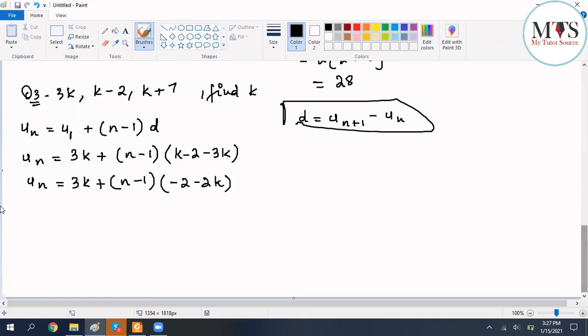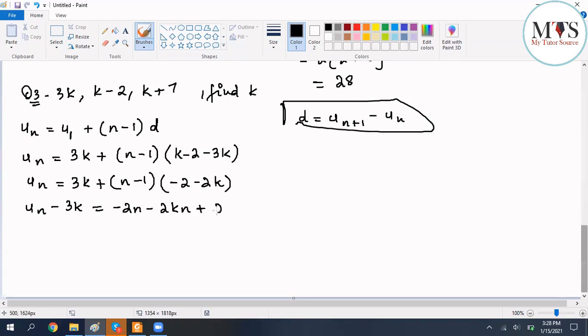Don't we substitute? So we move 3k to the other side and then multiply the brackets, multiply with minus 2 minus 2k.